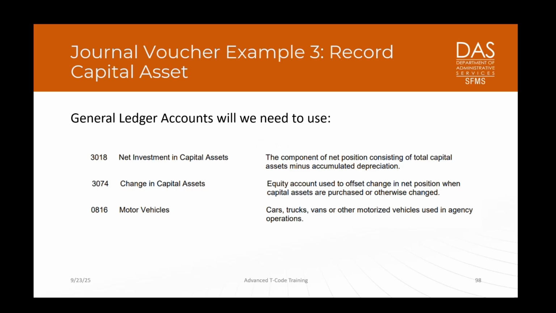And it looks like we have specific GLs for some important assets or high-valued assets. GL 0816 is identified for assets like cars, trucks, vans, or other motorized vehicles. So in this scenario, since the agency is buying a motorcycle, we are going to search for GL 0816.